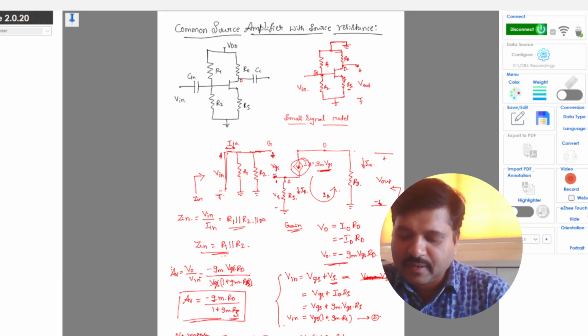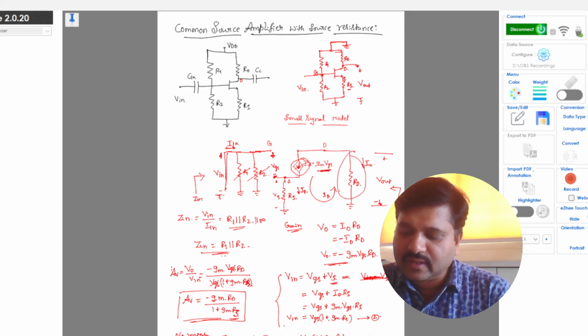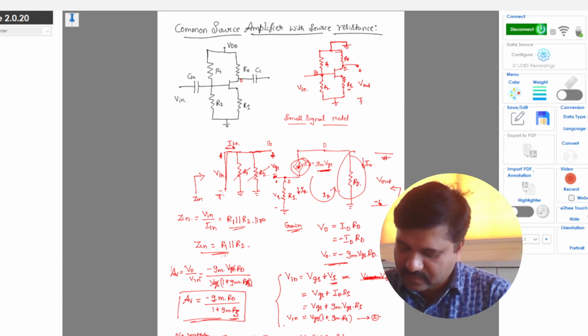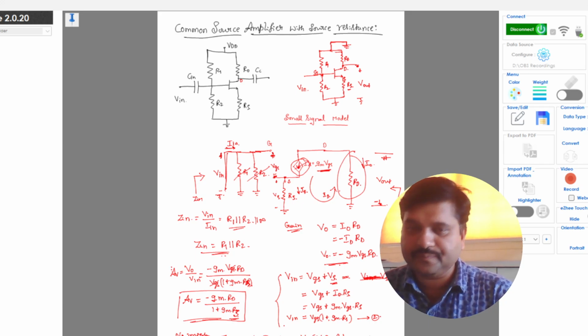This R1 is also neglected, R2 is also neglected, and this is also open circuit. So you are left with only resistance RD. So the impedance you see with respect to the output terminal, this drain and reference, is nothing but the impedance RD. The output current is I0. So Z0 is nothing but RD itself. This is the output impedance.